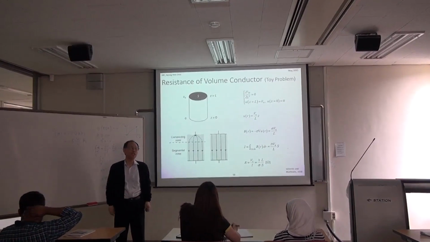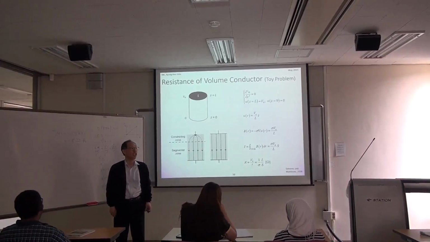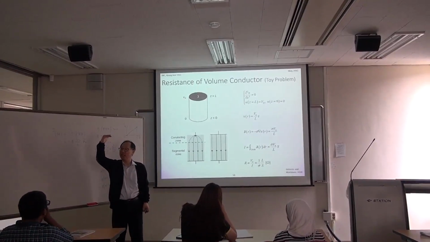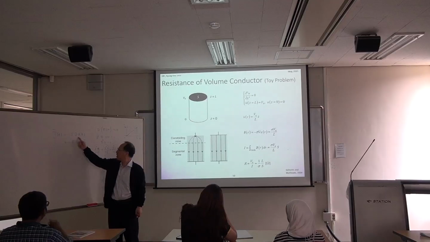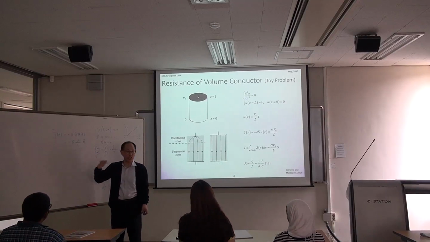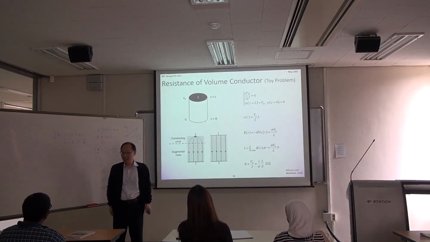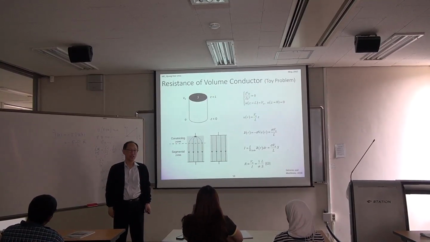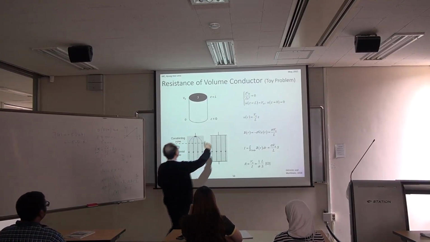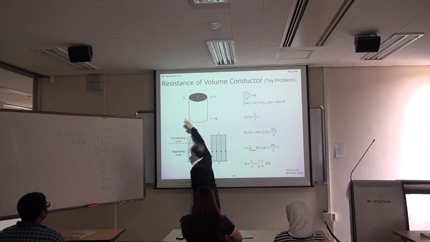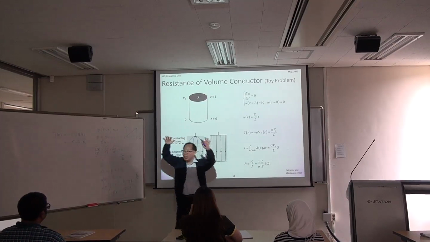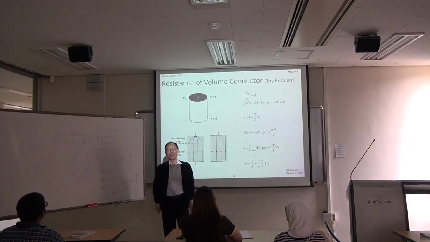Is there going to be any change in current density depending on z? Is this constant or does it change with z? It's constant. So no matter where we are, current density is constant. Constant current density is produced inside the cylinder.